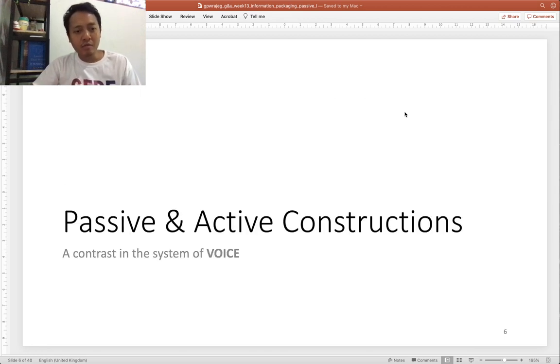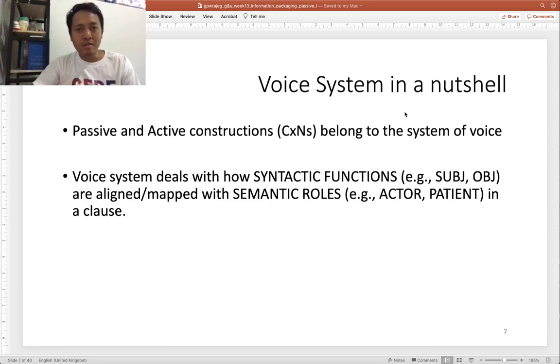Now in this session we focus on passive constructions, different types of passive in English, and the relation between passive and active in the system of voice. The voice system deals with how syntactic functions such as subject and object are linked, or mapped, with semantic roles such as actor and patient in a clause.